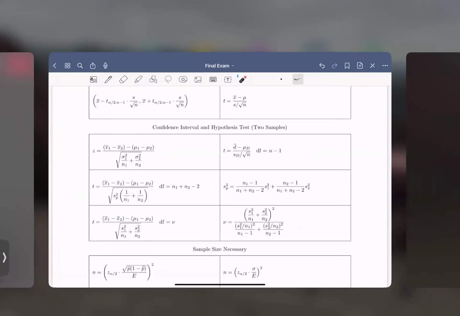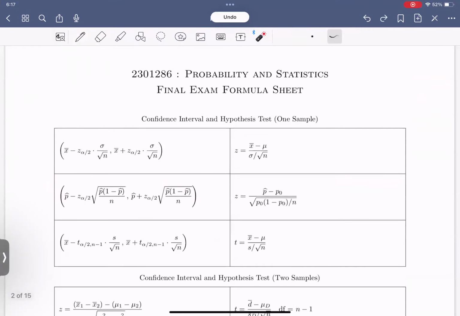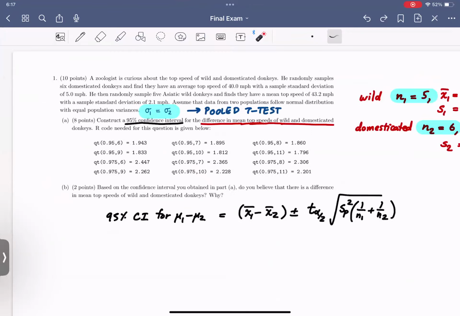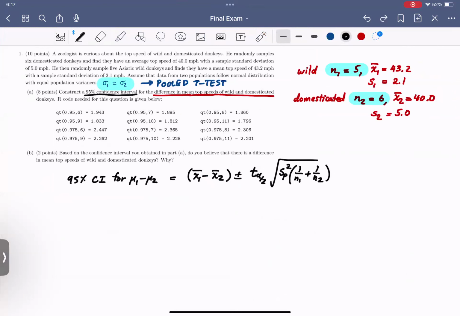All right. So what we're going to do next is continue with this question. First of all, we have x bar 1, which is 43.2. x bar 2 is 40.0. And then plus minus, okay, let's find t alpha over 2.